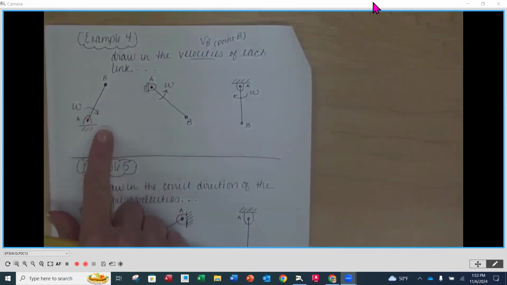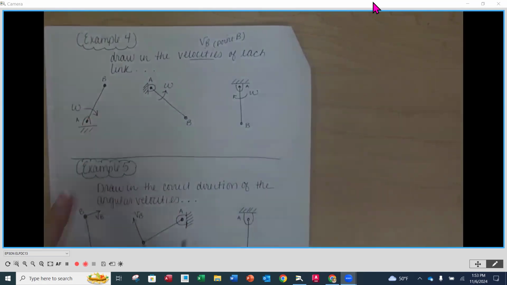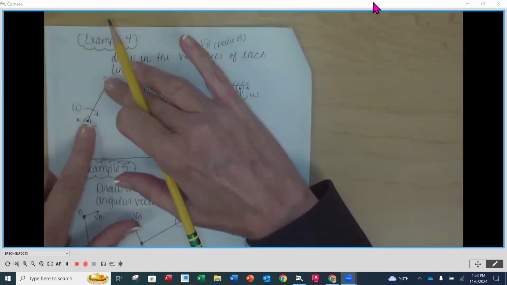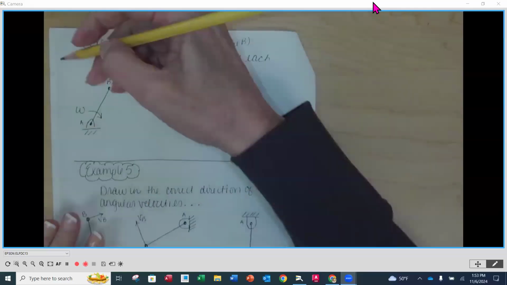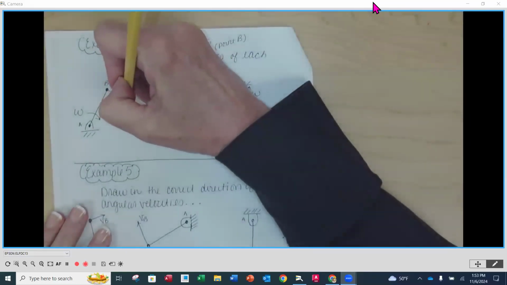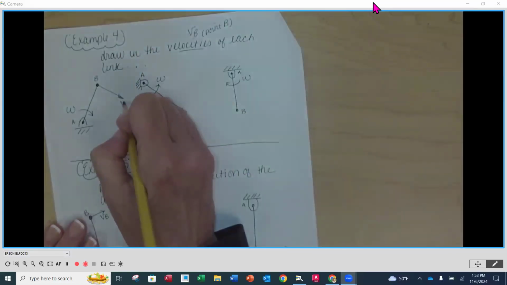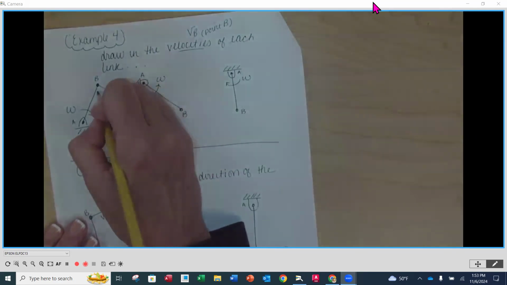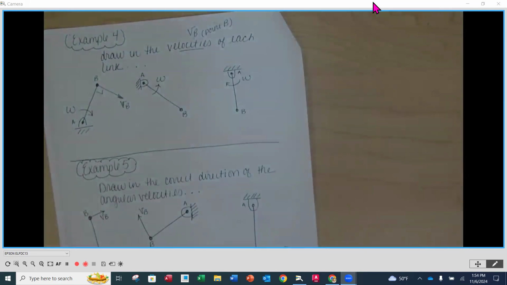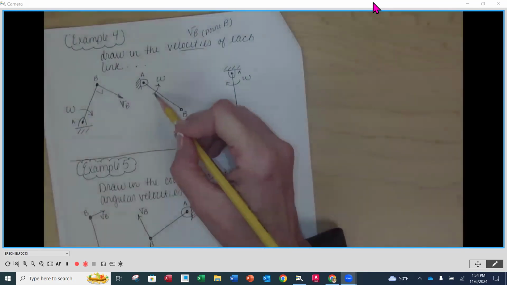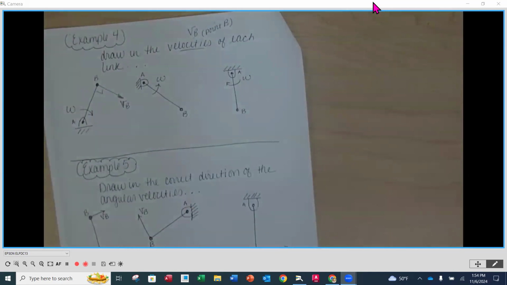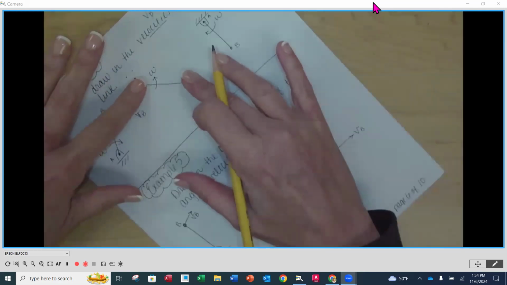So in this case, the rotation of our link is going to be clockwise, which means it's going to go in this direction. So that means that our velocity for the first one here, VB, is going to be perpendicular down and to the right. For this one, W is going in a counterclockwise direction. So that means it's going to go this way.